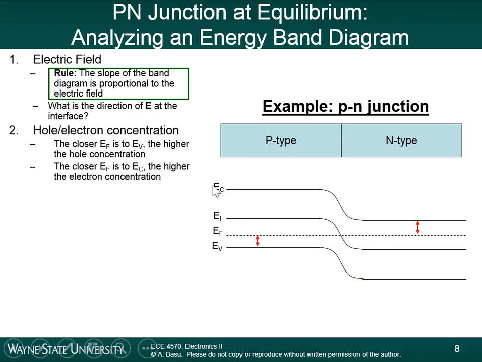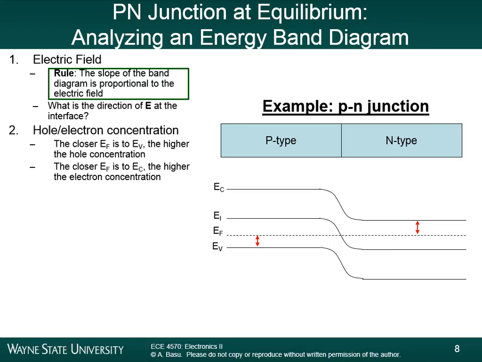The second part of analyzing this energy band diagram: if I were to draw this energy band diagram for you and ask you to figure out what the doping is on the N and the P sides, you should be able to do that. If you know the distance between EF and EV, or the position of the Fermi level on this side relative to the other bands, and the position of the Fermi level relative to the other bands on this side, then you can figure out both the doping concentration on the P side and the doping concentration on the N side.